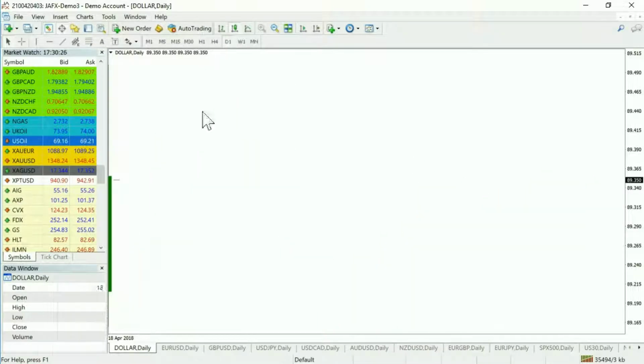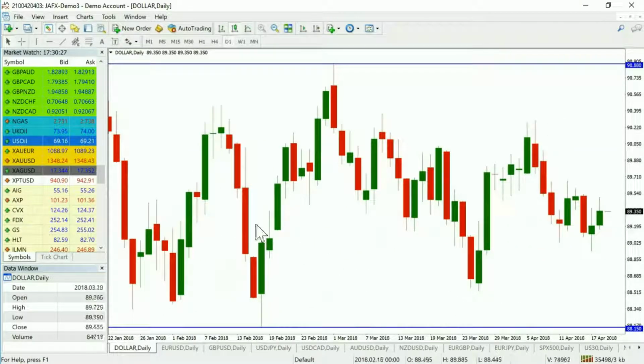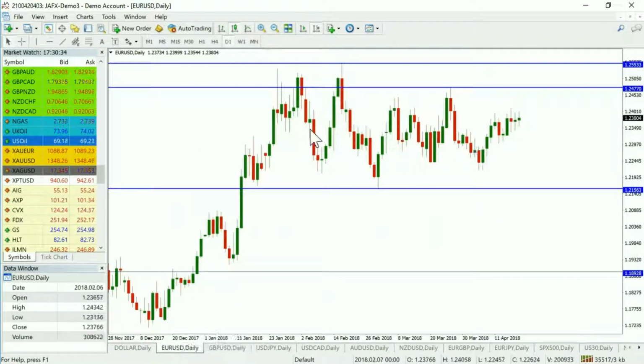So what we can do instead is have a look at the euro dollar chart, which is an inverted picture of the dollar index, and you can see that prices are procrastinating in and around a very, very short range, around the 2380 level. So really not an awful lot to trade, to be fair, over the last 3 days.